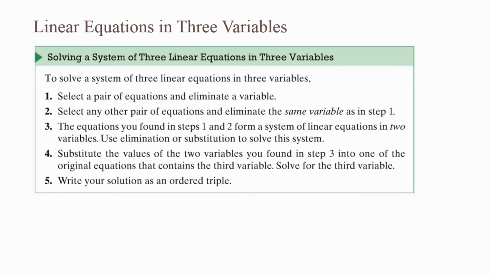The equations you found in steps 1 and 2 form a system of linear equations in two variables. Use elimination or substitution to solve this system. 4. Substitute the values of the two variables you found in step 3 into one of the original equations that contains the third variable. Solve for the third variable. 5. Write your solution as an ordered triple.